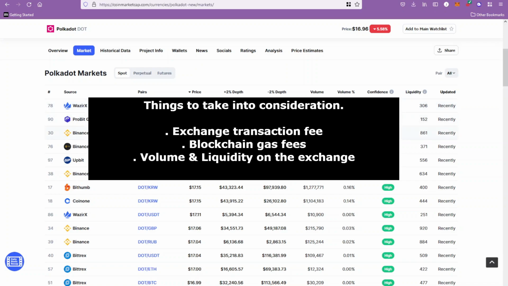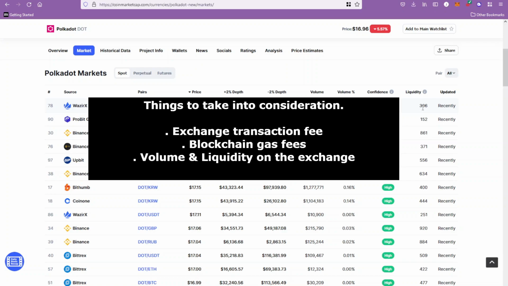So there are lots of things to take into consideration. Another thing to take into consideration is to be careful about the exchange that you're using, and basically how much volume is being traded on that exchange and the liquidity that is available. Sometimes there might be a huge price discrepancy between two exchanges, but one of the exchanges, the one with a really good price, might have basically no volume and no liquidity, which means that you're not going to be able to make your trades like you want to, and you're going to get stuck in that exchange, and who knows how long.